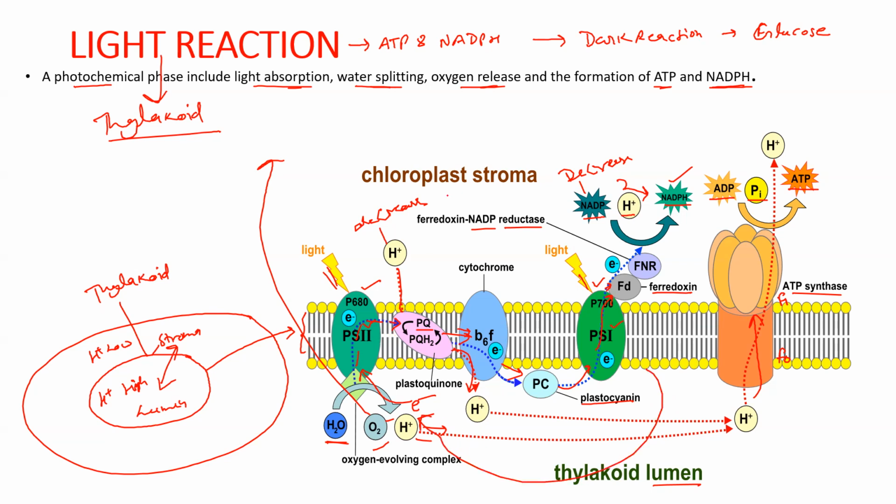So it is called non-cyclic phosphorylation. Phosphorylation means ATP is produced. This ATP formation is called phosphorylation, but in this process the electron is not coming back to its original source, so it is called non-cyclic.